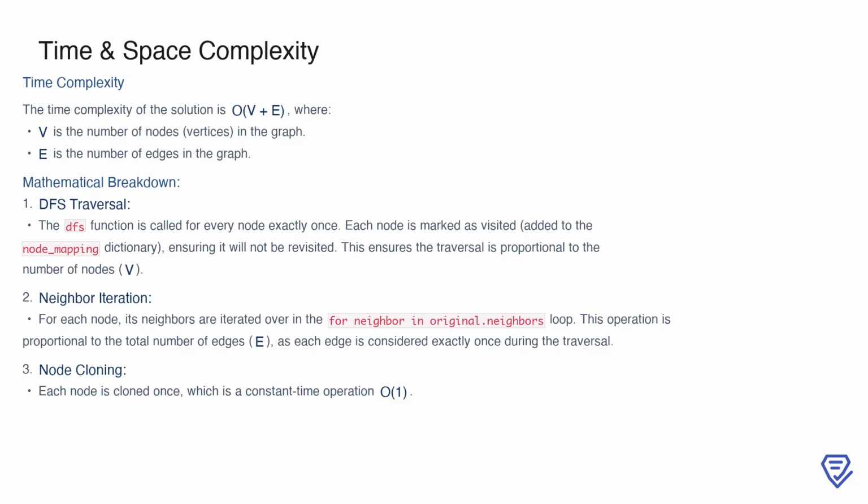Next, during the traversal, we iterate over the neighbors of each node using a loop. Since we process each edge exactly once in this step, the time spent here is proportional to the number of edges, or O(E). Finally, cloning each node is a constant time operation, O(1), because it involves creating a single new object. Combining these steps, the time complexity is driven by visiting all nodes and edges, giving us O(V + E).